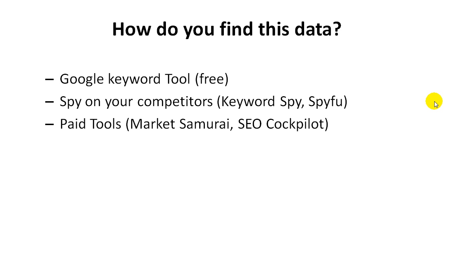But this tool here is pretty expensive, though I believe it is a one-time fee. I'm going to be using these tools here because this one's free, and you can actually use this to do some basic keyword research on the free level.